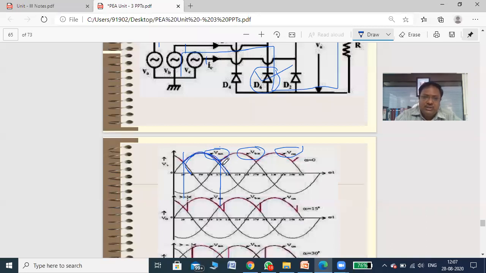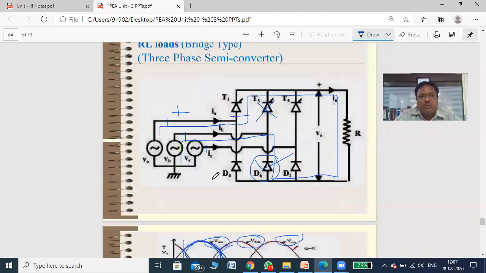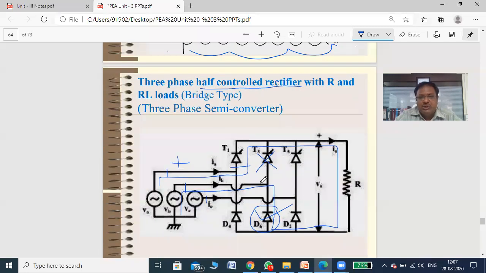Phase A voltage is decreasing and phase B voltage is increasing, and at the same time, phase C is most negative. If phase B is positive, then thyristor T3 is in forward bias condition, right? Once the thyristor T3 turns on, it will turn off thyristor T1.